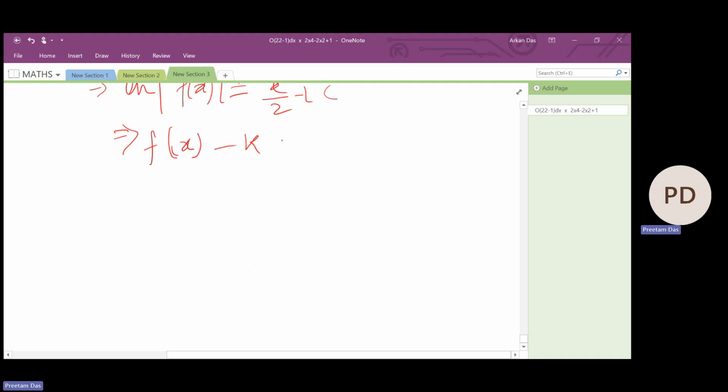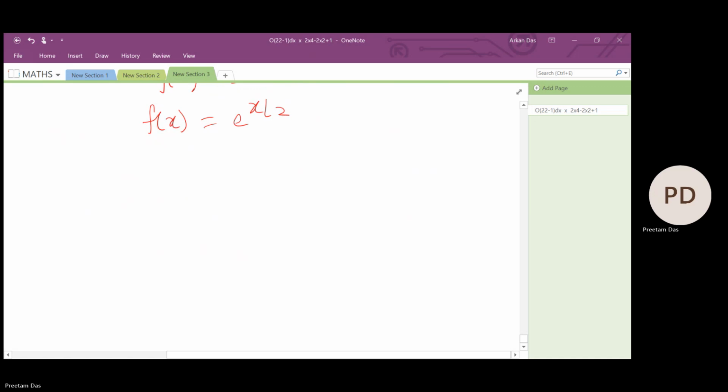If you find fx here, just convert it to exponents. You will get k e raised to x over 2. F0 is 1 given in the question. That gives k as 1. So fx will be e raised to x by 2. So what will be ln f of 4?